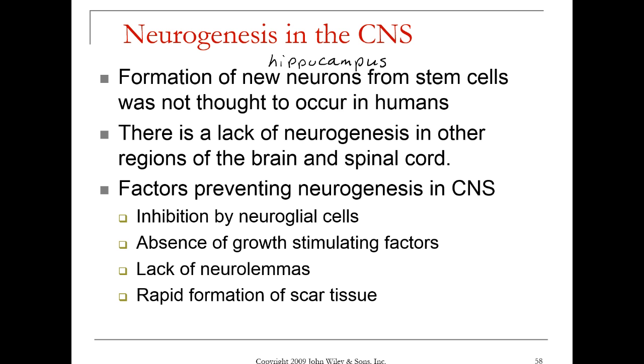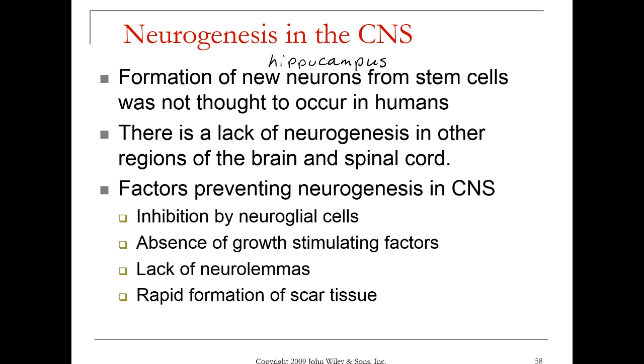Now, this is actually good. I mean, it sounds strange to say that it's good that the central nervous system won't regrow new neurons. But the problem is the central nervous system is in charge of controlling the body. And to do that, it has to maintain perfect balance between growth and breaking something apart. Between an agonist and an antagonist. It has to maintain homeostasis.